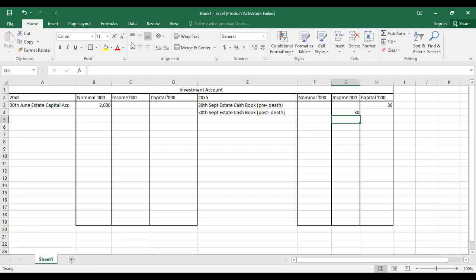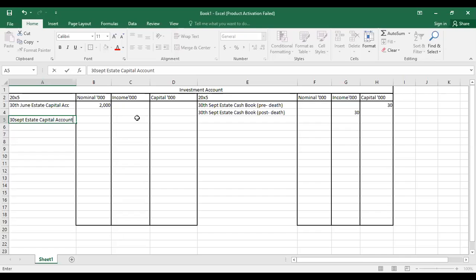So on 30th September, we want to close this account, and we are closing it by debiting the investment account and crediting the estate capital account, to retain this account at probate value.